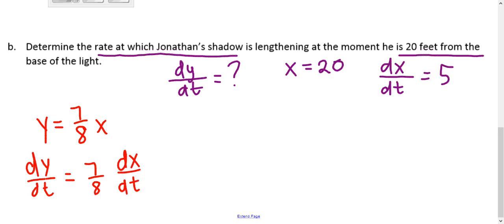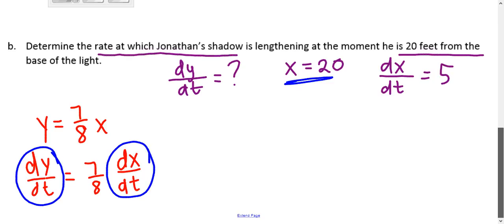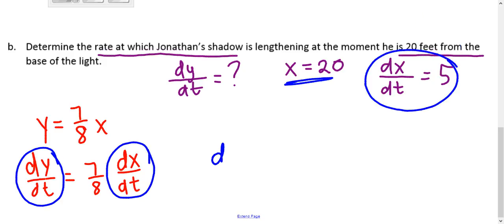We need to find dy dt, and we need to plug in dx dt. So really, we don't need x, 20 feet from the pole. We really just need dx dt.